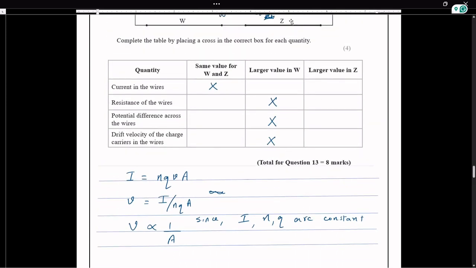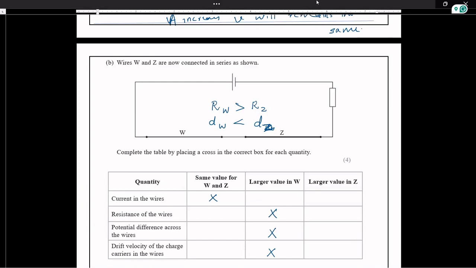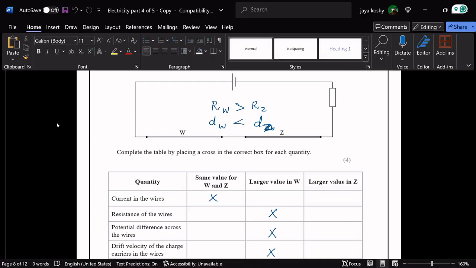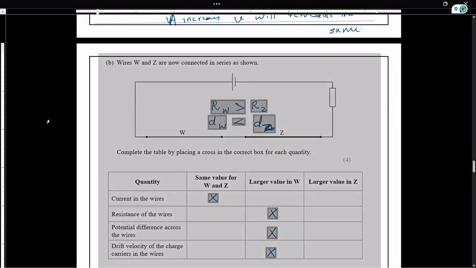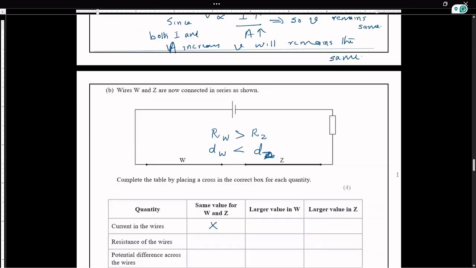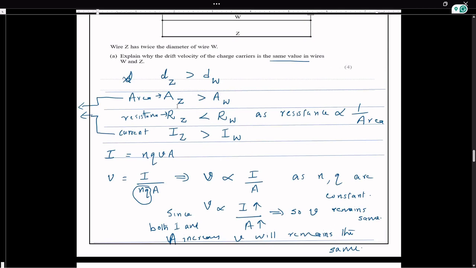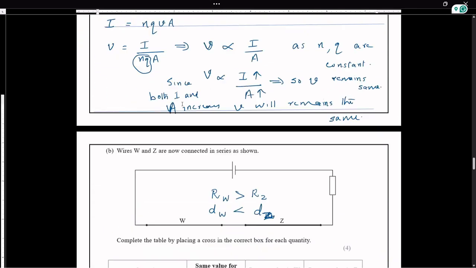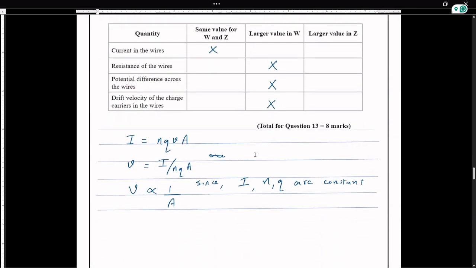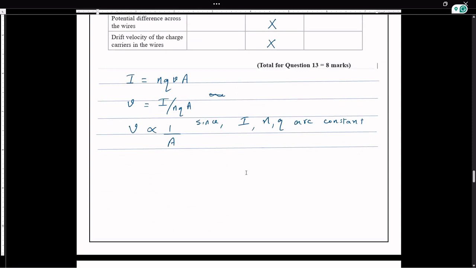Now the area we have seen already in the previous section. The area is more for Z. Area is more for Z. And since they are constant, this is the relation we are getting.